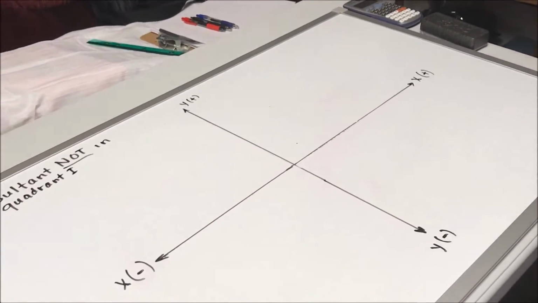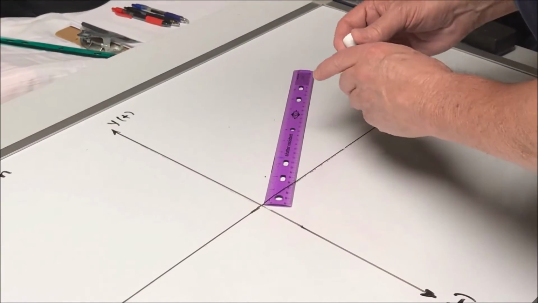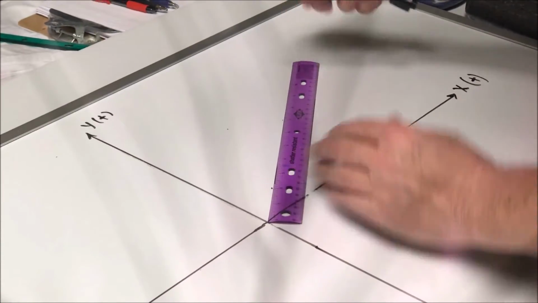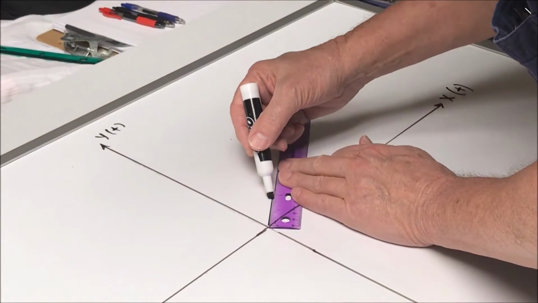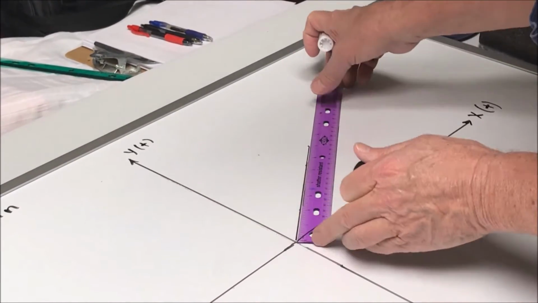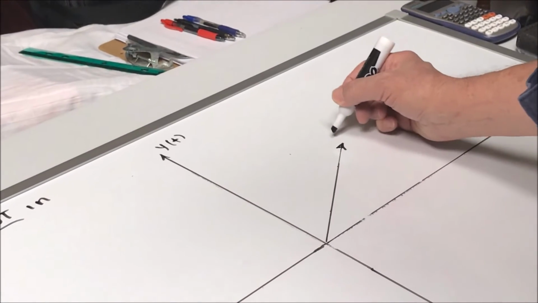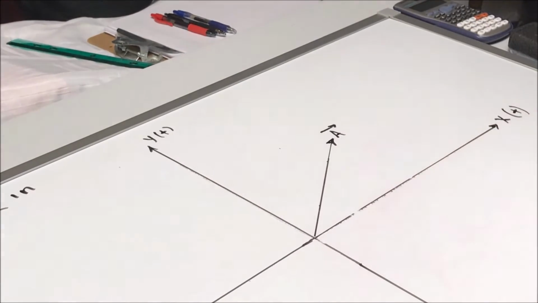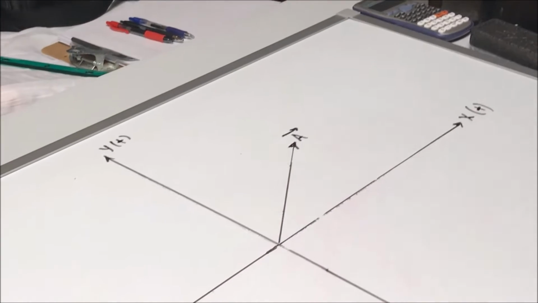So what we're going to do is we're going to start out with vector A right here, and let's make vector A 140 newtons.